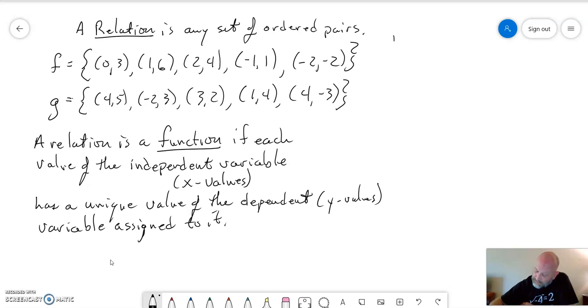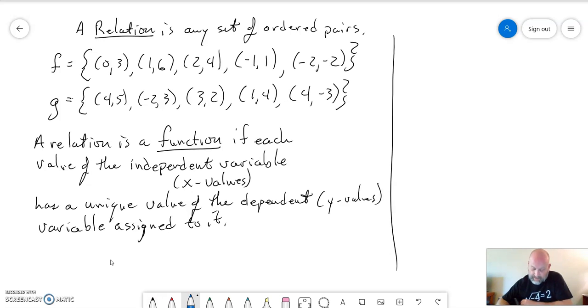So if we go over here and let's say we want to look at the function f. Now, remember, these coordinates, you can actually think of them in terms of an input and an output.